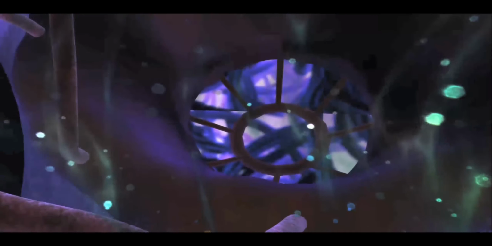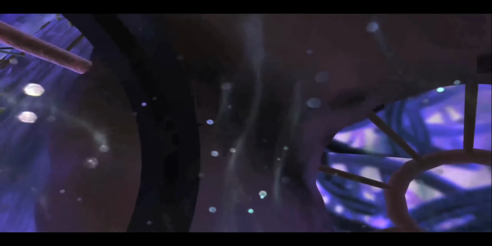Let's head inside. Here we are inside the nucleus, the control center of the cell, containing the majority of the cell's DNA.